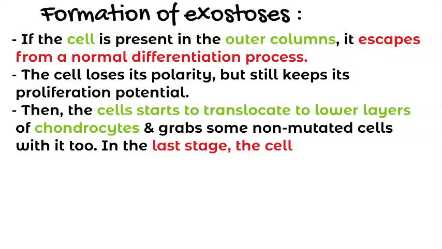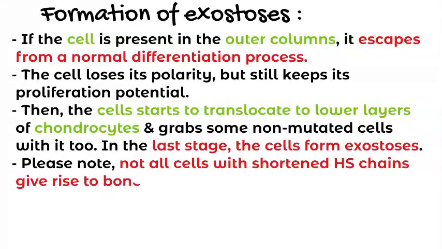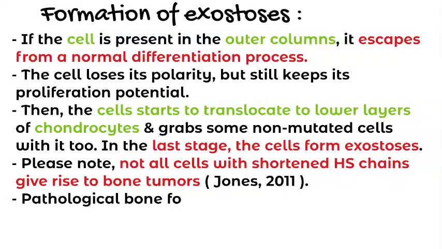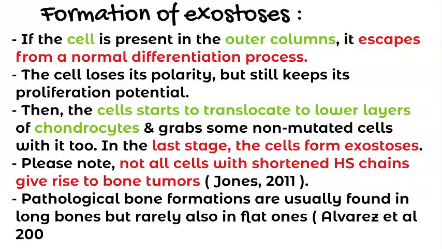In the last stage, the cells form exostosis. Please note, not all cells with shortened HS chains give rise to bone tumors. This is by Jones, 2011. Pathological bone formations are usually found in long bones, but rarely also in flat ones, by Alvarez et al., 2006.